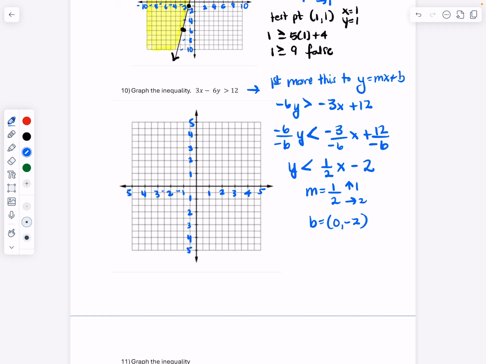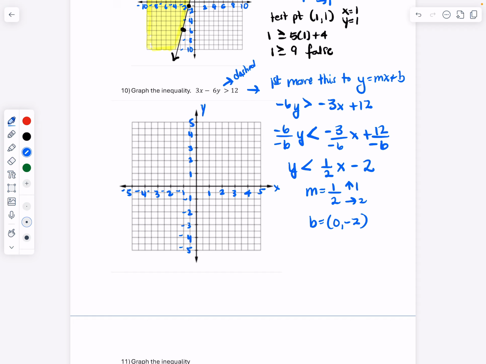Let's put those negatives in there. Now I'm ready to graph. I'm going to put the points first, and then make sure the line is dashed because I do not have an equal sign in that inequality.